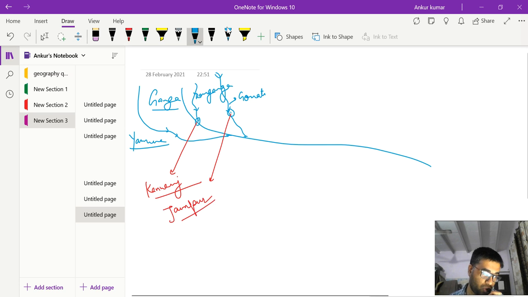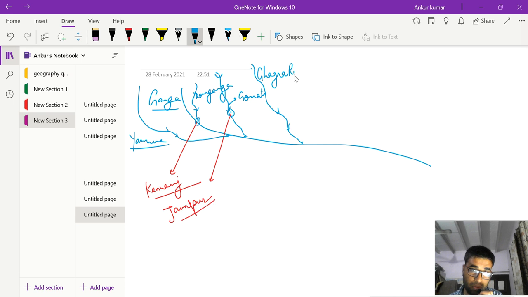Right. The next tributary after the Gomti is Ghagra. So this is Ghagra here. Another tributary of Ghagra is Rapti, River Rapti. And one more tributary of Ghagra is Sarda. This is Sarda here.